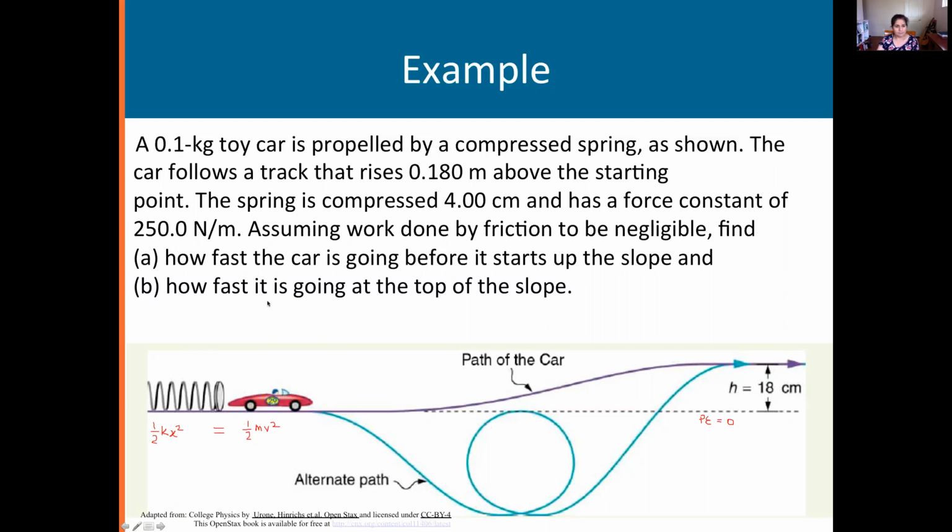Part B, how fast is it going at the top of the slope? So now we know the initial energy of the car. It's this 1/2 mv squared, right? After we've calculated v, which is the same value as this. And since we only have conservative forces, that must equal the energy here. Okay. What is the energy at the top? At the top here, what kind of energy do we have? We have potential energy given by mgh, yeah?